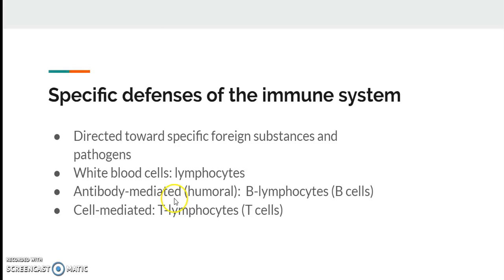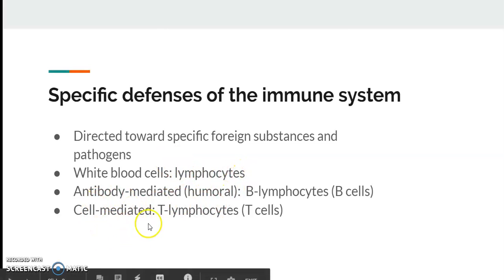And this is for things that are in the blood, like bacteria that might be in the blood or various parts of the body, but they don't get into cells. All right, the second arm is the cell-mediated, and this is for things like viruses that we've already talked about that actually invade the cells. So we need to actually recognize which cells have been invaded and get rid of those.